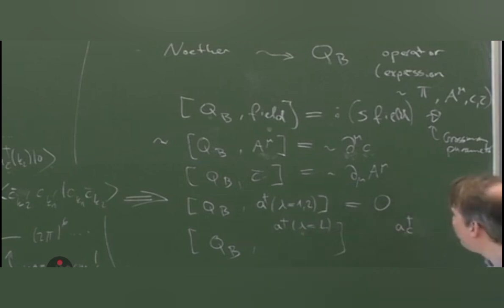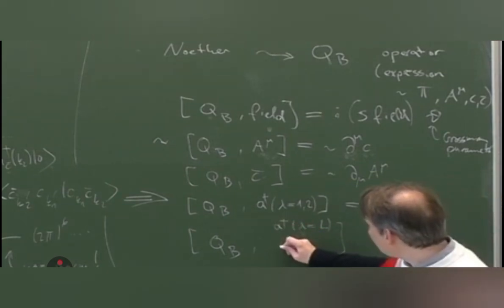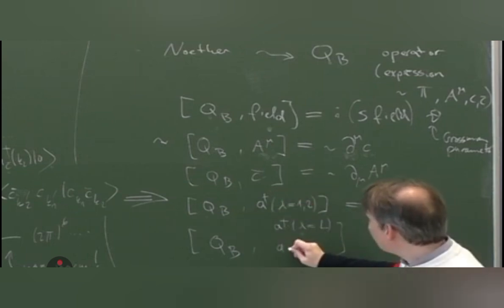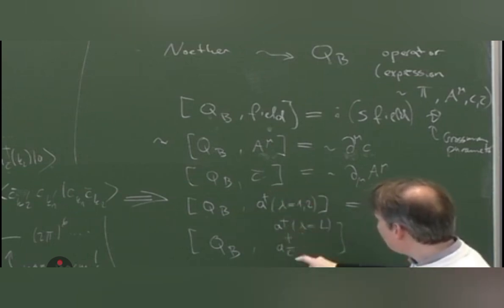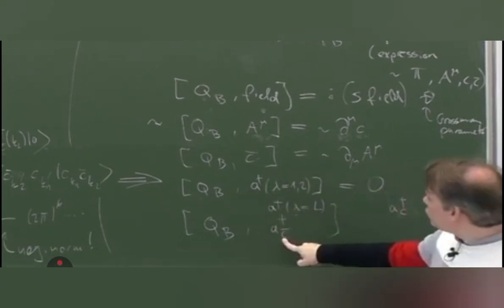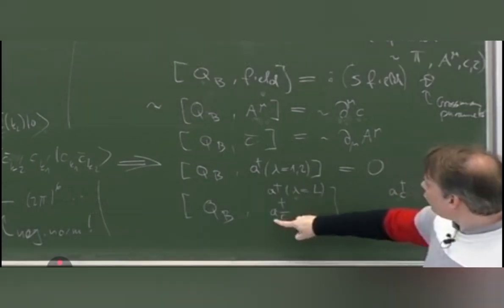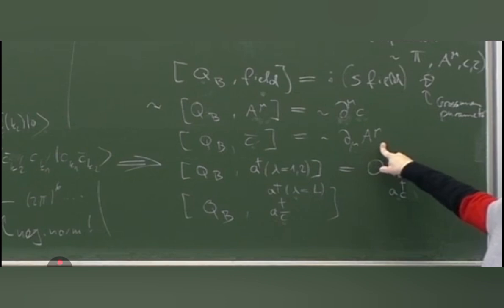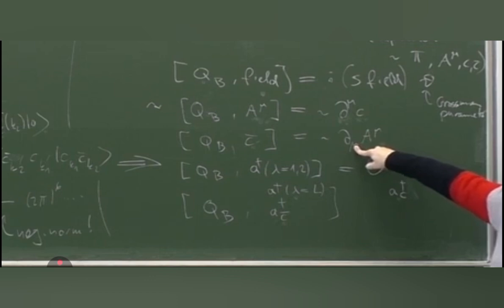And let's directly write down something else, namely what happens if you do the commutation relation with the anti-ghost generator. QB with the anti-ghost gives you d mu A mu. But what is d mu A mu? In momentum space, you get a contraction of k mu with all the epsilons.